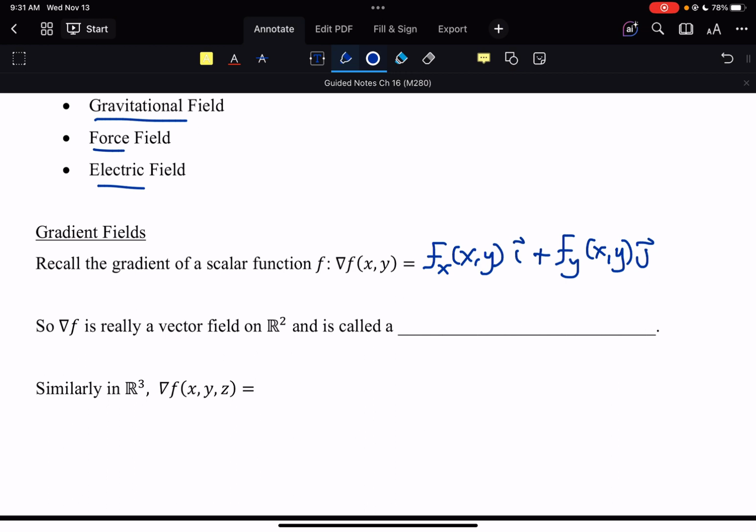It's just the vector whose components are the partial derivatives of the function f. If we look at the way this formula is set up, this is exactly the same type of formula as the vector fields that we just saw above. So grad f is really a vector field on R2, and it is called a gradient vector field.